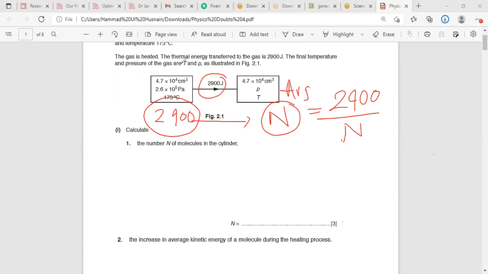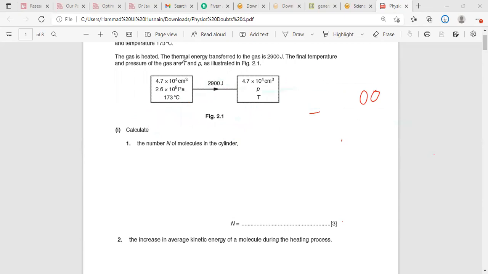Is it clear? Yes. Okay, that's fine then. You just need to divide this 2900, because it is given in the question that we are providing 2900 joules of heat, right? So it means that we are giving this 2900 joules to the kinetic energy store of all these molecules, right?